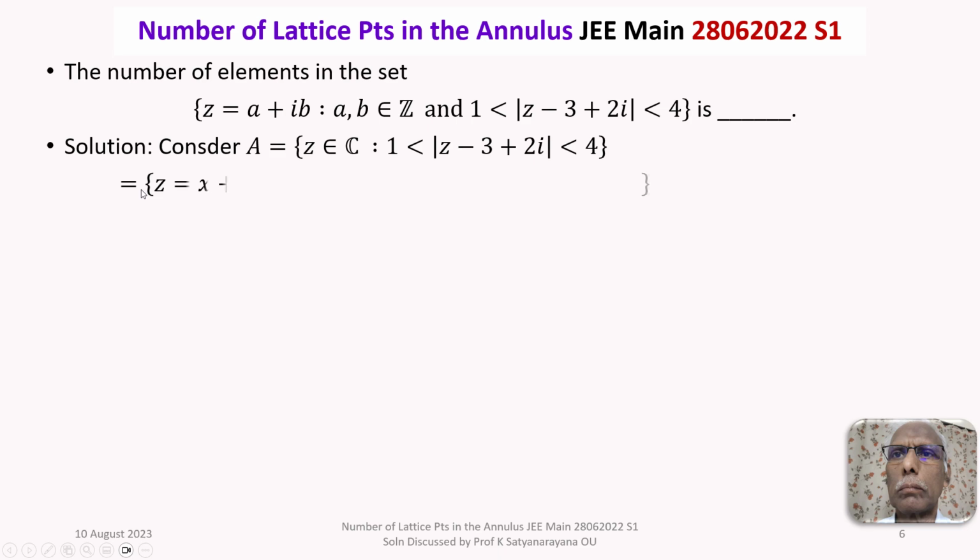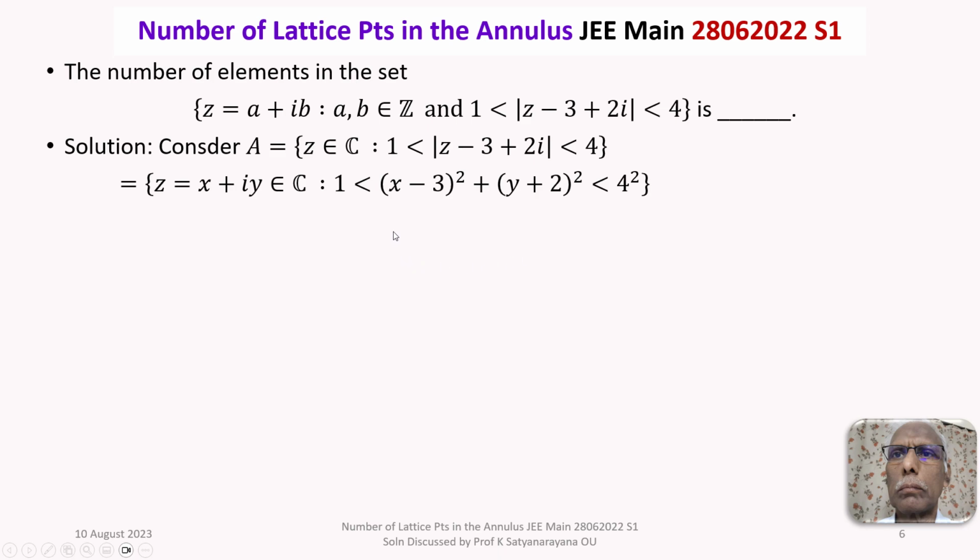We take it as the set of z = x + iy belonging to C, satisfying 1 < |z - 3 + 2i|, which is 1 < (x - 3)² + (y + 2)² < 4².